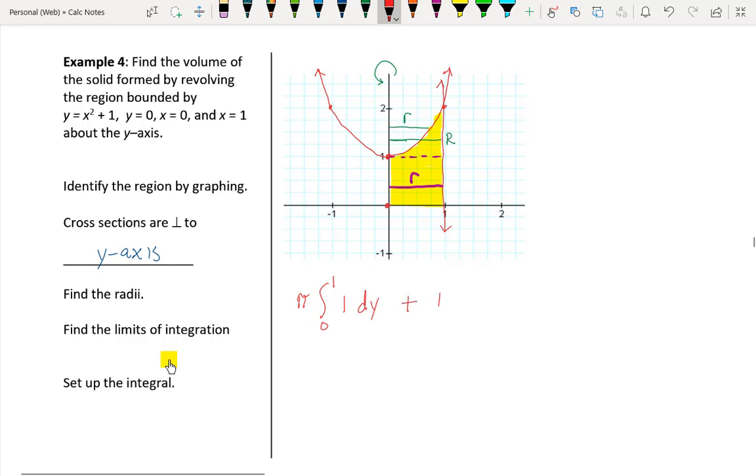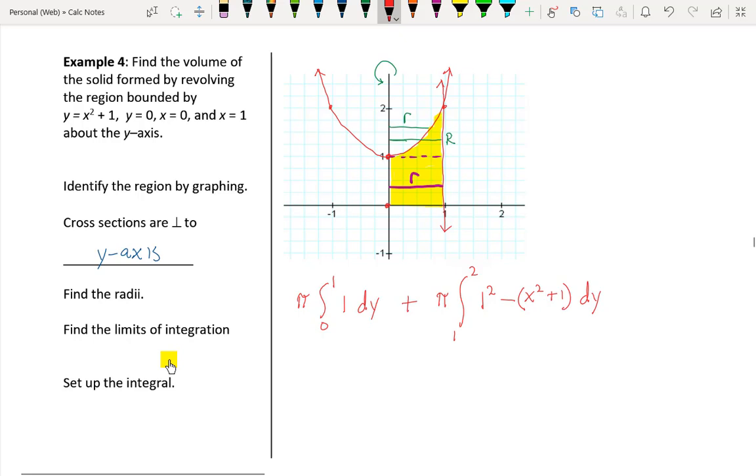Plus pi again times the integral from 1 to 2, and this time we have to be a little bit more careful here because our first function, the radius, the capital R, again is going to be 1 take away 0, which is 1 squared, minus little r squared, and little r squared is x squared plus 1 dy.